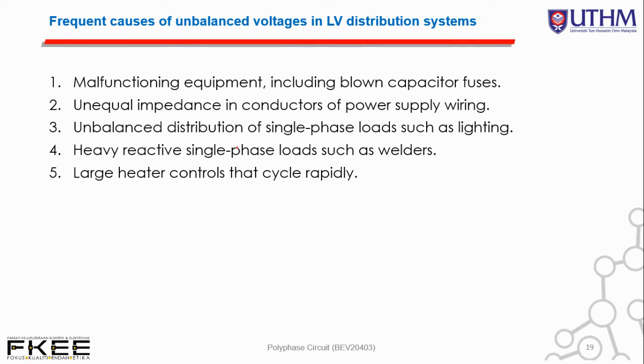So frequent causes of unbalanced voltage in an LV distribution system. What happens if this unbalance happens quite often? Malfunctioning equipment, including blown capacitor fuses. This is quite common. Unequal impedance in conductors of power supply wiring, which may also happen at the location of your power supply wiring.